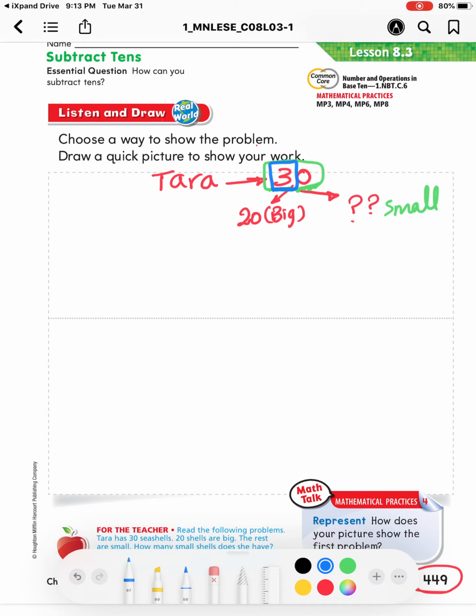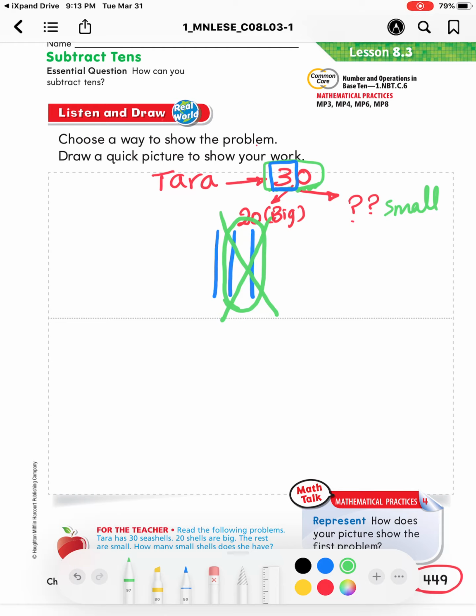Excellent. We draw 3 lines to represent the 3 tenths. Then we have 20 big shells. So we will take away the 20 seashells so we can know how many small seashells she has.